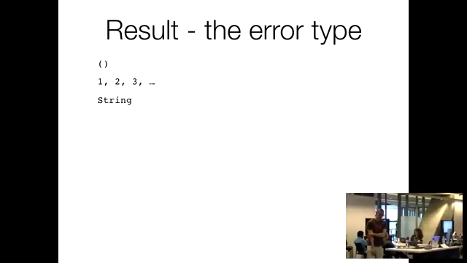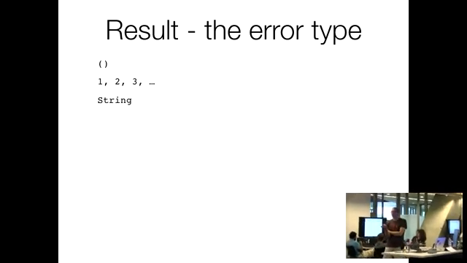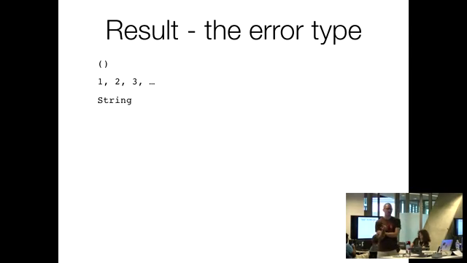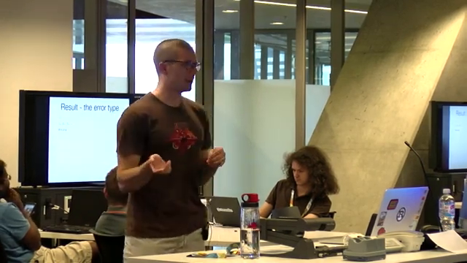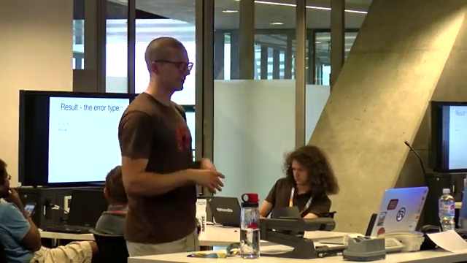Okay, so one option is you use something really simple as your error type. You could not use anything at all. If this is really early days code, it's nice to be able to throw errors, but there's maybe no relevant information that you can get in there.